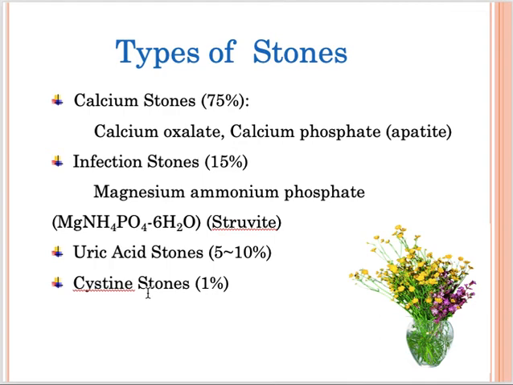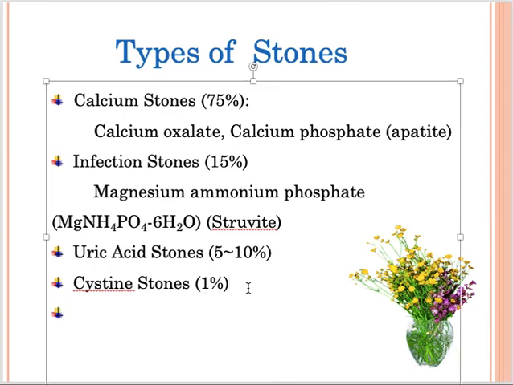And after that, there is one more stone called xanthine stones, but that was not mentioned here because they are extremely rare. Very, very few people may have xanthine stones, right? So remember, calcium stones are the most common one, and xanthine stones are the least common one, because xanthine stones are extremely rare.